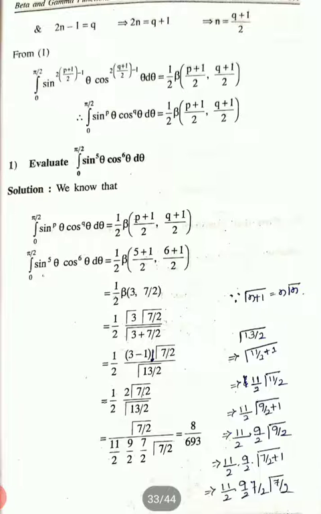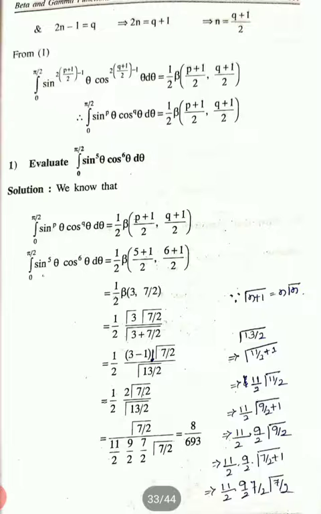See here, one important note I am telling you. If gamma is in the form of an integer value, because gamma 3 is an integer, then you have to apply the formula gamma n is equal to (n minus 1) factorial. If gamma is in the form of a rational number, p by q, for example here gamma 7 by 2, then you have to use gamma n plus 1 equal to n gamma n.